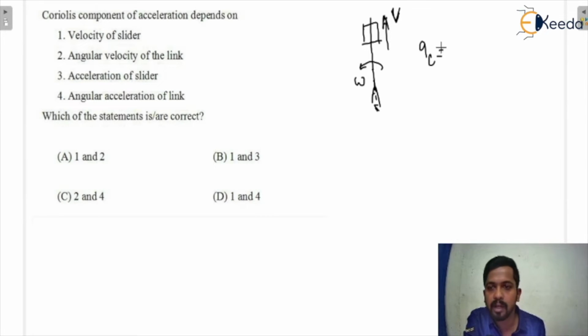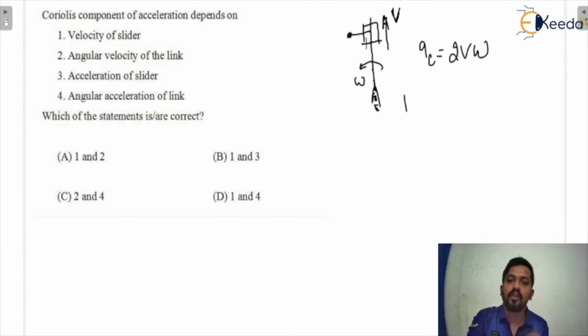The Coriolis component is equal to 2v omega, where v is the linear velocity of the slider and omega is the angular velocity of the link. Now what is the direction? First you have to take the sense of omega, and rotate the velocity vector by 90 degrees in the same sense of omega.